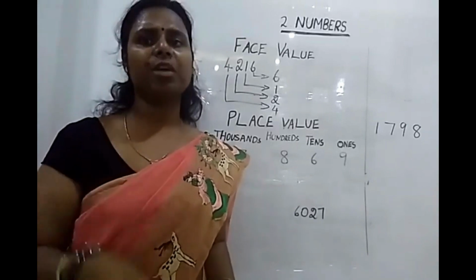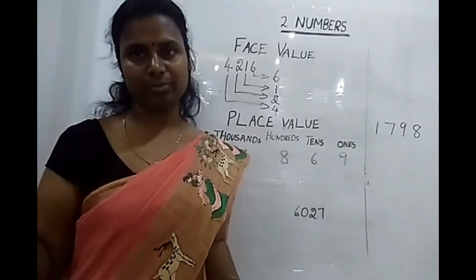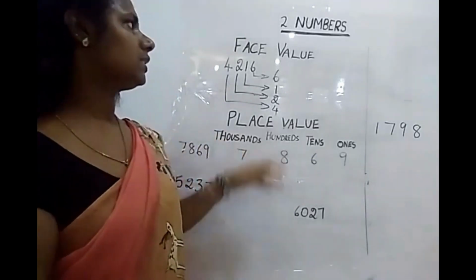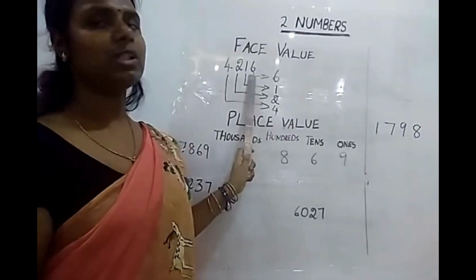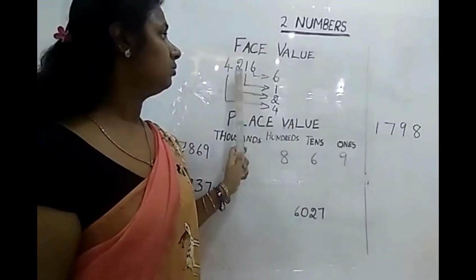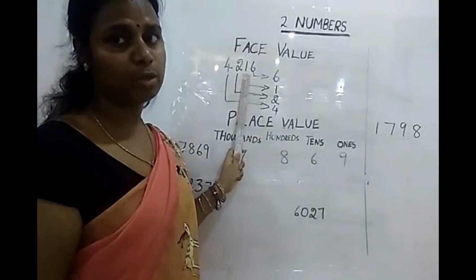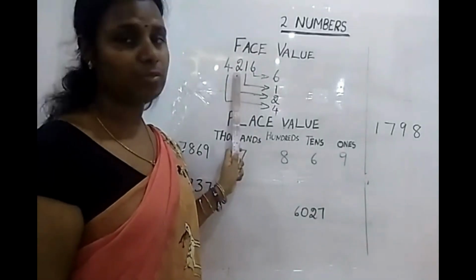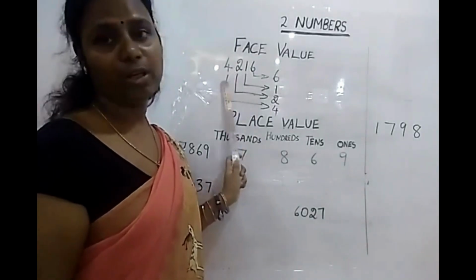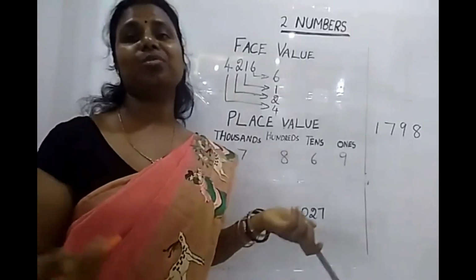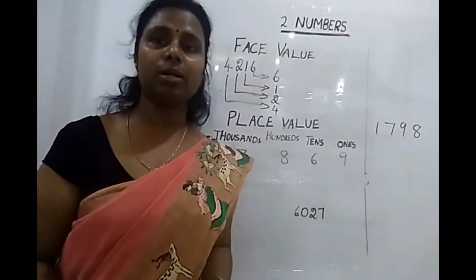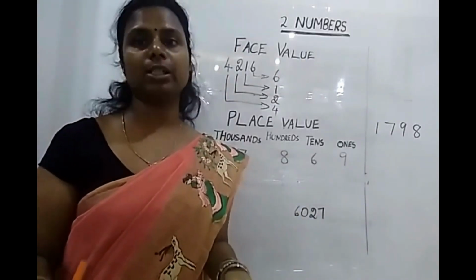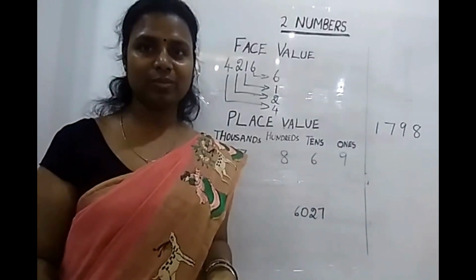That is the face value of that number. By looking at 6, you can say the face value of 6 is 6. The face value of 1 is 1. The face value of 2 is 2. The face value of 4 is 4. The face value of any number is that same number. That is face value. Understood?